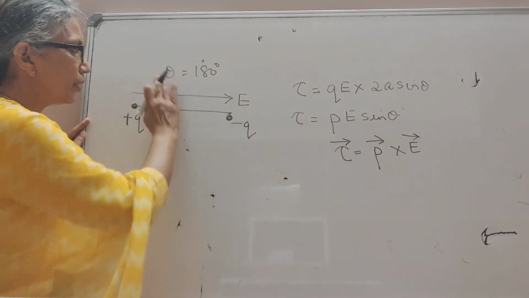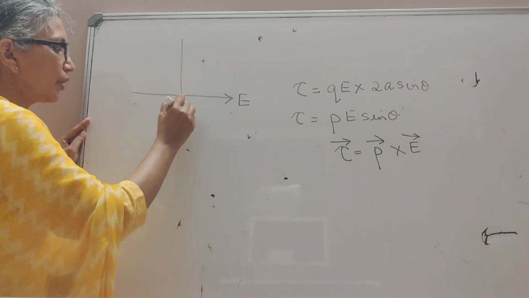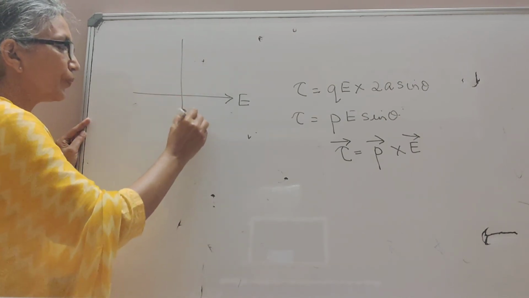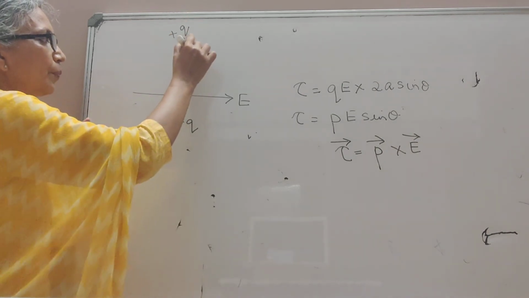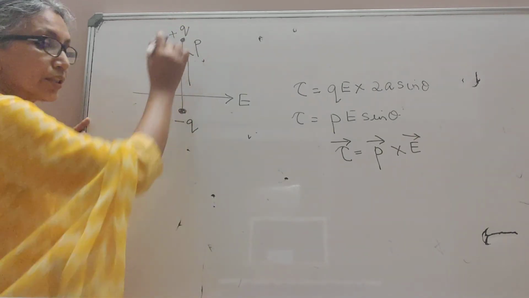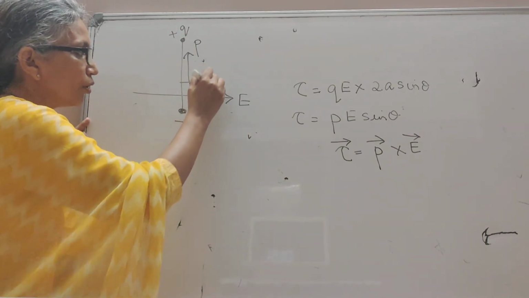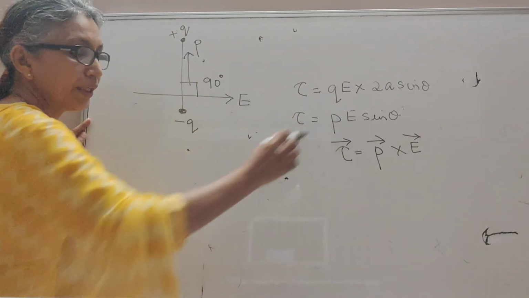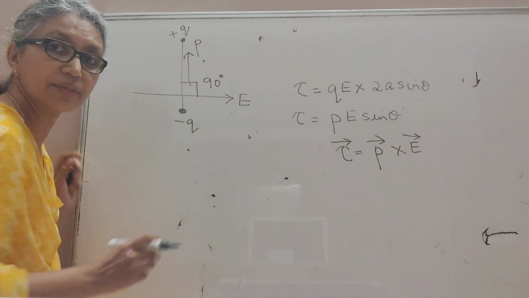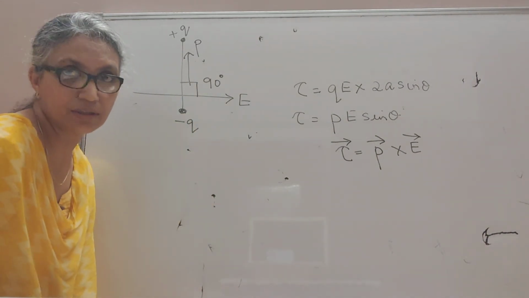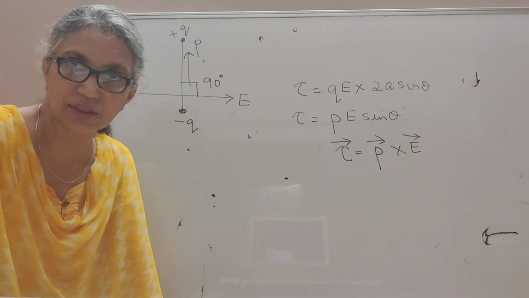But on the other hand, if you now keep your dipole like this, let's say here we keep a minus Q and here we keep the plus Q, so that your dipole moment is directed from minus Q to plus Q, now P and E maintain an angle of 90 degrees. The torque is pE sin 90. Sin 90 will be 1, and you will see that there is maximum torque acting on the dipole.